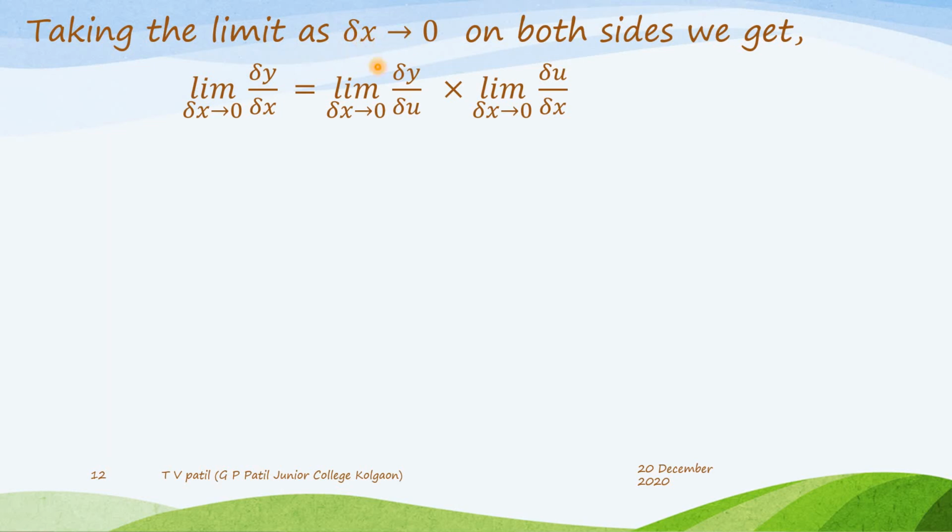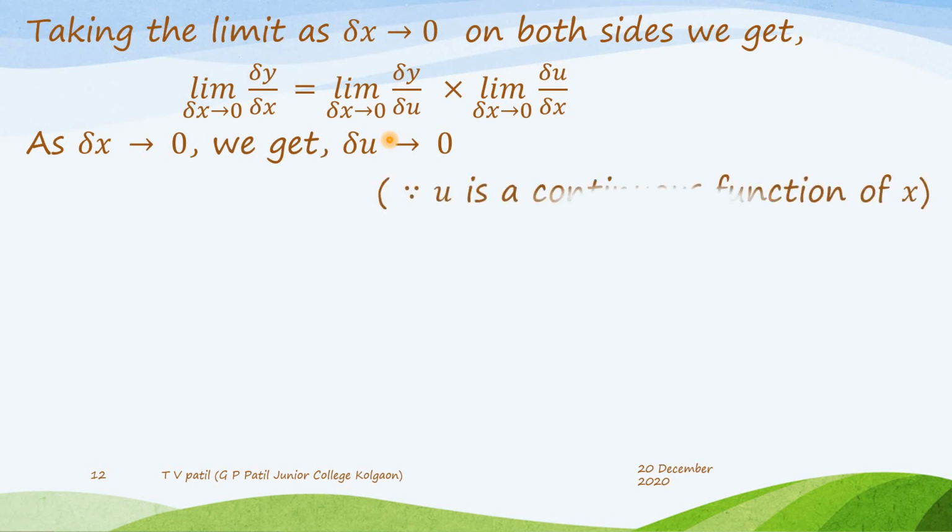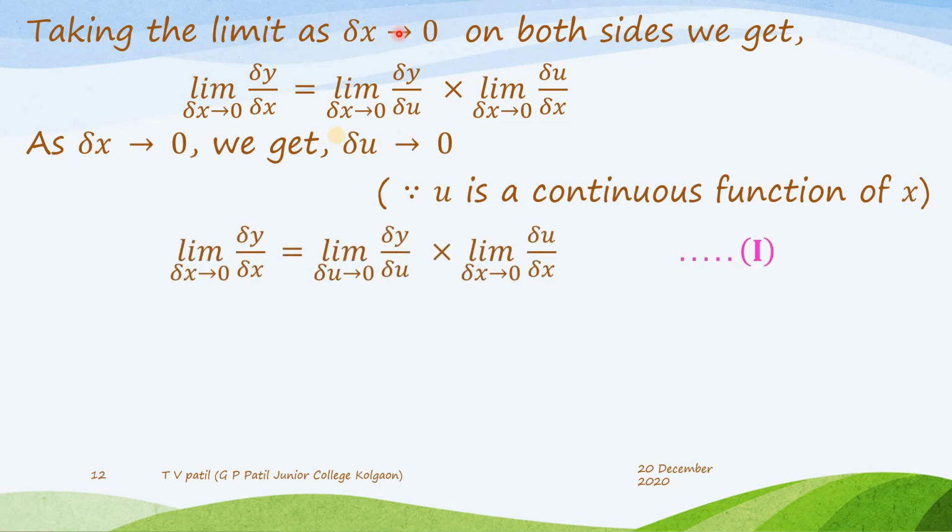Here also we have to bring in delta u, and we can write it directly, because we assumed at the start that delta x is the increment in x, and the corresponding increments are delta u and delta y. As delta x tends to 0, automatically delta u also tends to 0. Therefore we directly replace: as delta x tends to 0 we get delta u tends to 0, because u is a continuous function of x. Okay, therefore we can write here, in place of delta x, delta u.